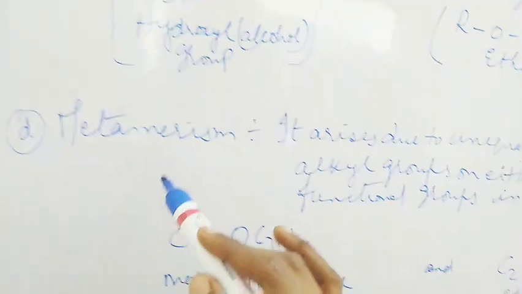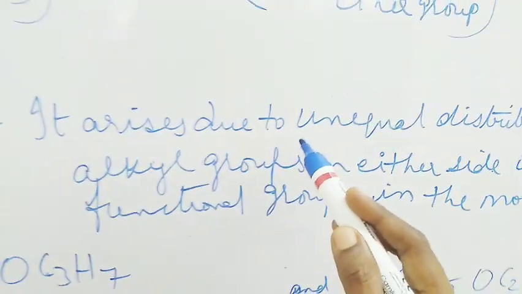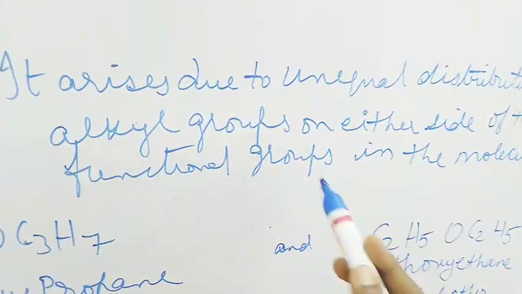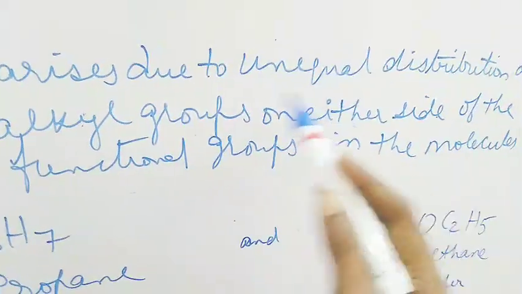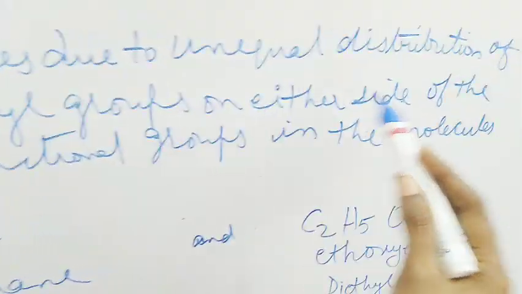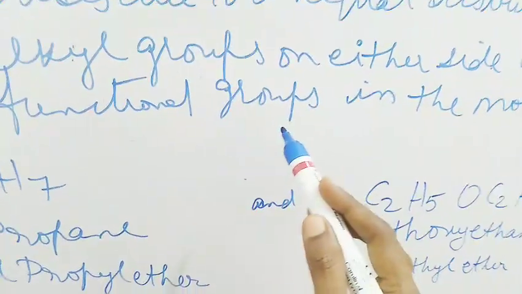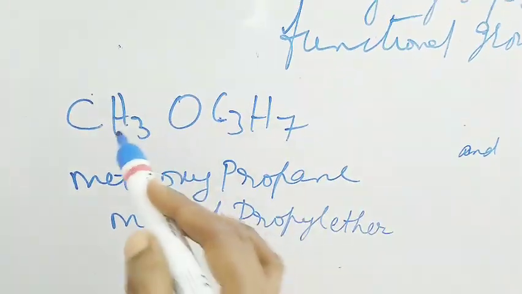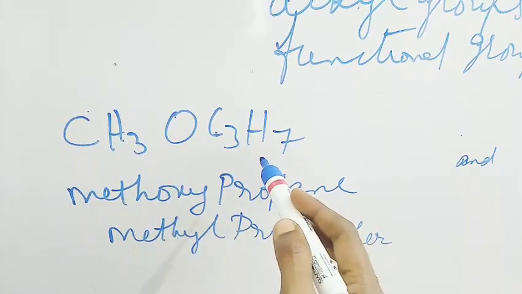Now coming to metamerism. It arises due to the unequal distribution of the alkyl groups. That means alkyl groups will not be equal on both sides, but they will be unequal on either side of the functional group in the molecule. For example, you are having CH3O C3H7. So this is a methyl group and this is a propyl group.